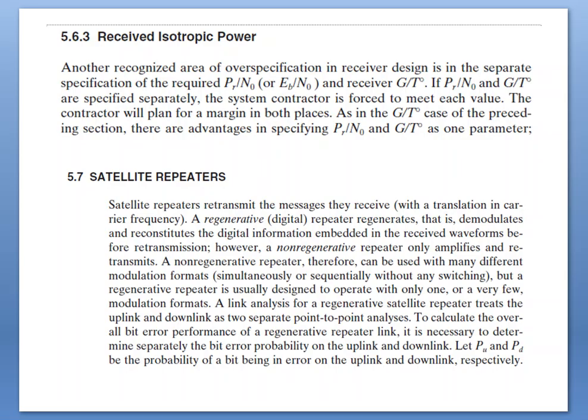For small values of PU and PD, the overall bit performance is approximated simply by summing the individual uplink and downlink bit error probabilities. PB is equal to PU plus PD, where PU is the probability of uplink error and PD is the probability of downlink error. Based on all this, we declared the bit correct probability PC and the overall bit error probability PB. But the summation of PC plus PB must be equal to 1.